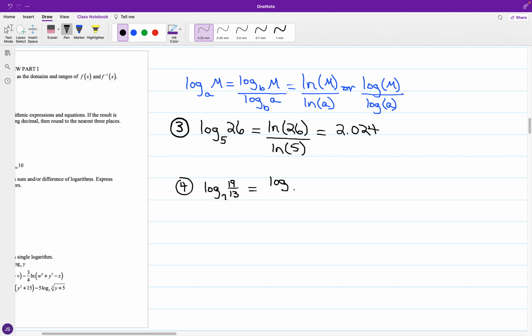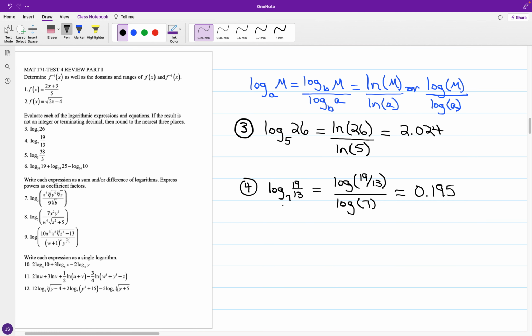And this time we'll take the base 10 logarithms. So say we had the base 10 log of 19/13 over the base 10 logarithm of 7. And for the output, to the nearest 3 decimal places, we have 0.195.